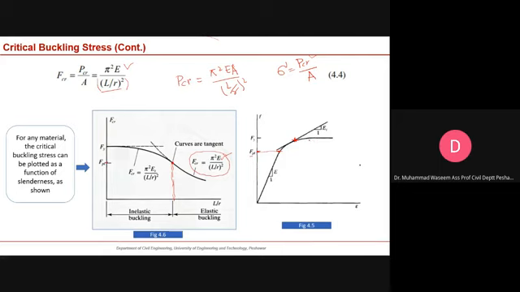After the yield, the behavior of the structure is not linear, it becomes non-linear. One thing you should remember is that if you want to estimate the modulus of elasticity at this point, you have to take the tangent.